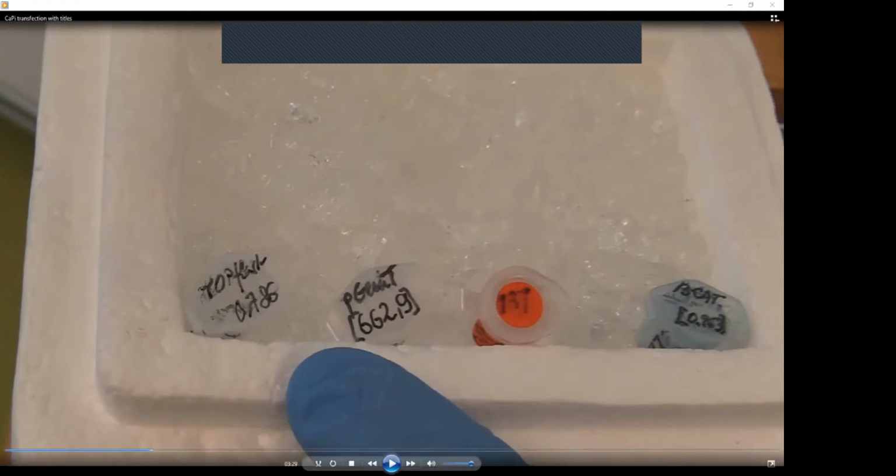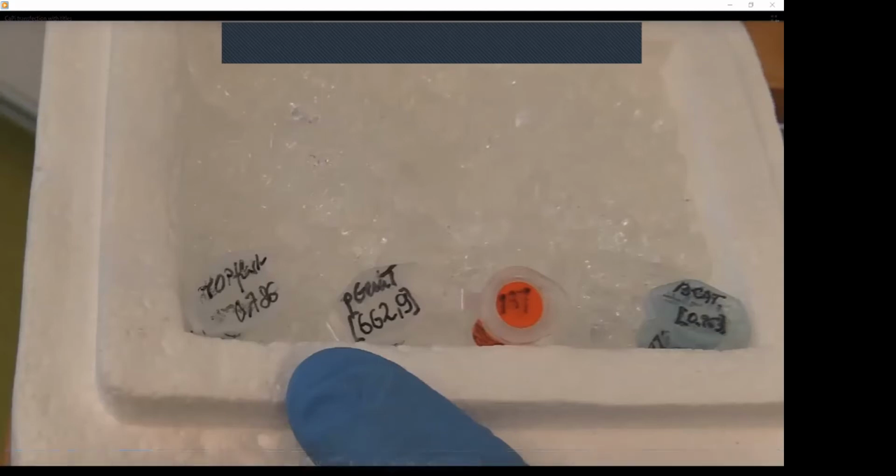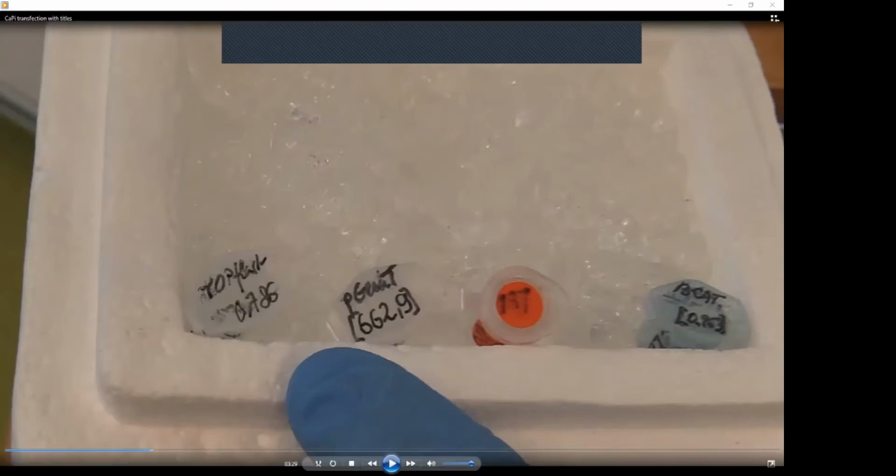The last sample which you see here is the plasmid vector for expression of beta-catenin. And as you already know from my talk, beta-catenin is the molecule which is inducing Wnt signaling. So beta-catenin interacts with TCF4 and stimulates Wnt signaling. So in order to prove that our system works, that the readout of the Wnt signaling pathway using the top flash assay worked well, we overexpress beta-catenin in one sample.